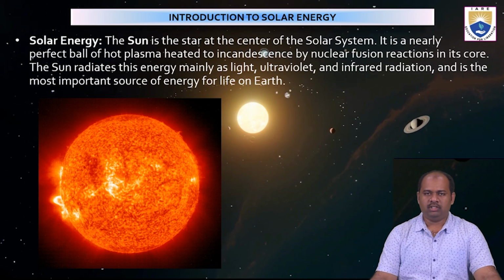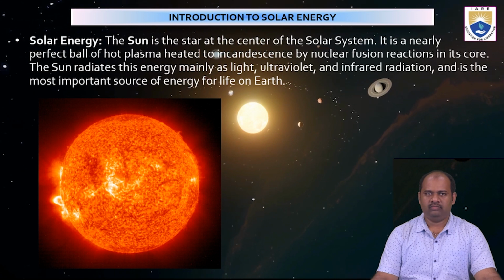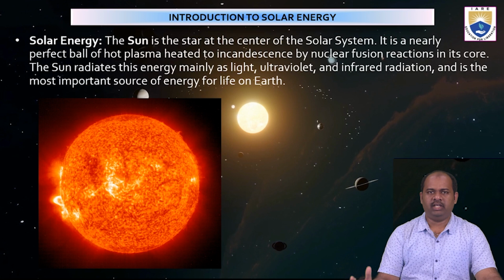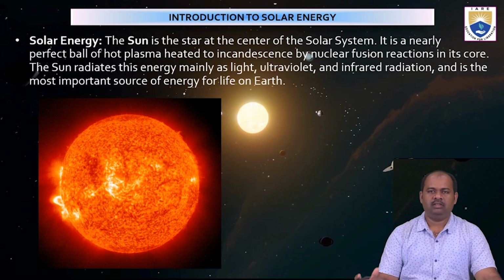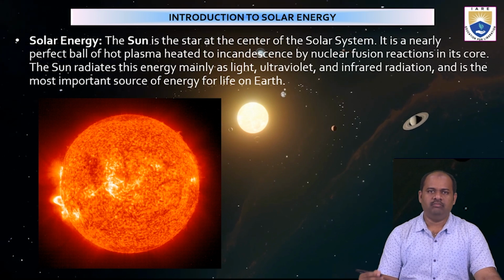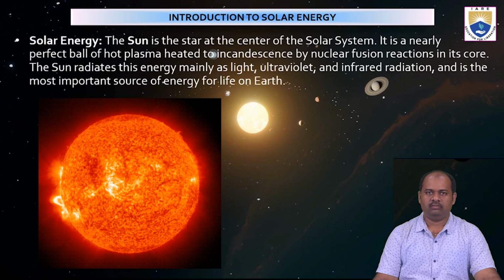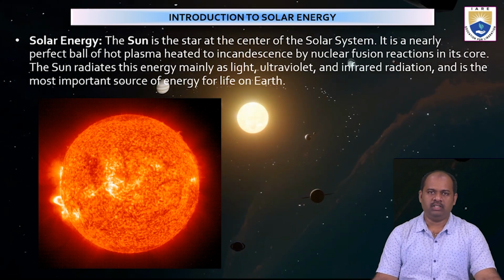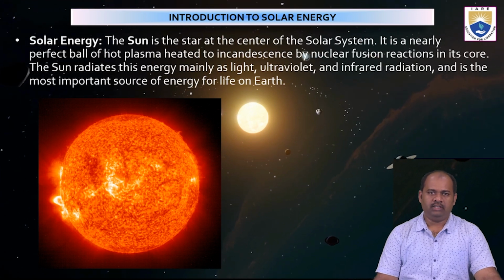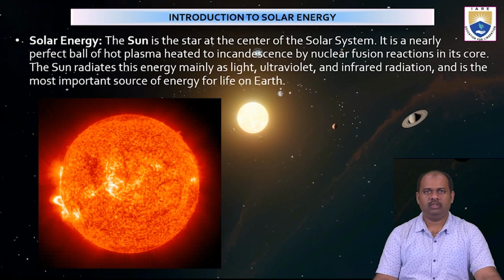In this picture, the sun is like a giant ball of fire that emits radiation by the reactions inside the core. The main elements burned to generate this energy are helium and hydrogen. This enormous amount of energy is radiated in the form of light, ultraviolet radiation, and infrared radiation.